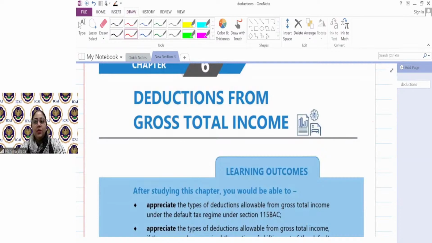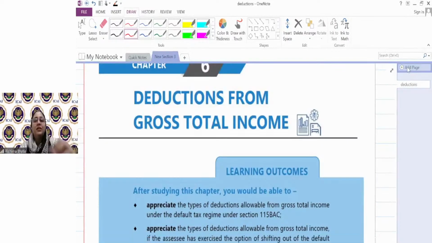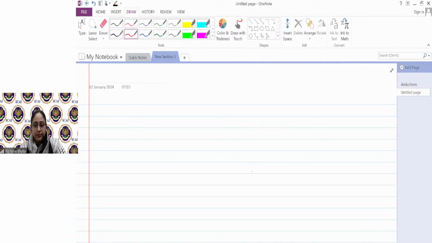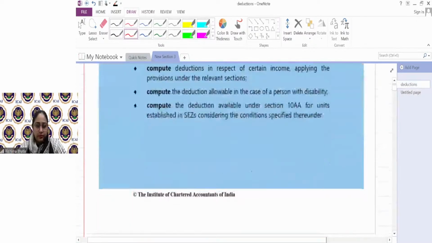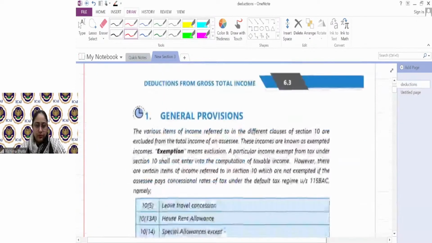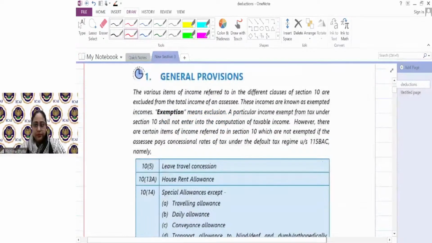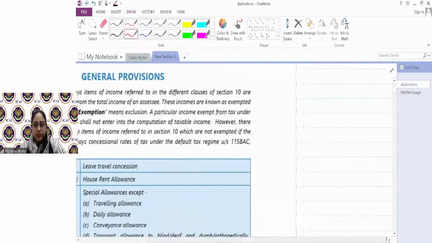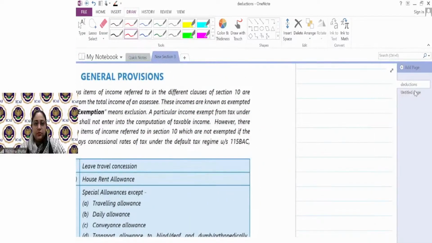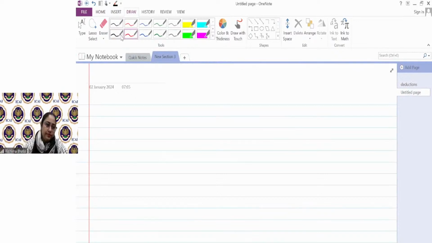What is meant by deductions from gross total income? What does actually deductions mean?